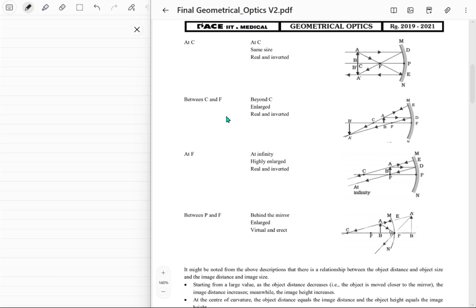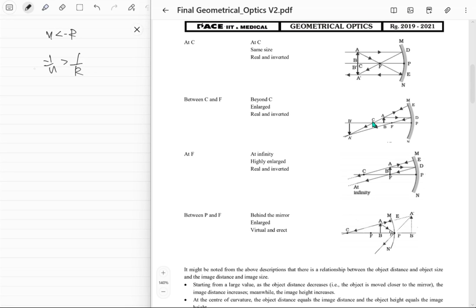Okay, beyond C and F. So right, our u is now smaller than negative r, right? So u is smaller than negative r, or you can say negative u is bigger than r. So negative u is a positive quantity, right? So you can just take the reciprocal, and it will be 1 upon negative u is smaller than, sorry, it should be bigger than 1 upon r, right?